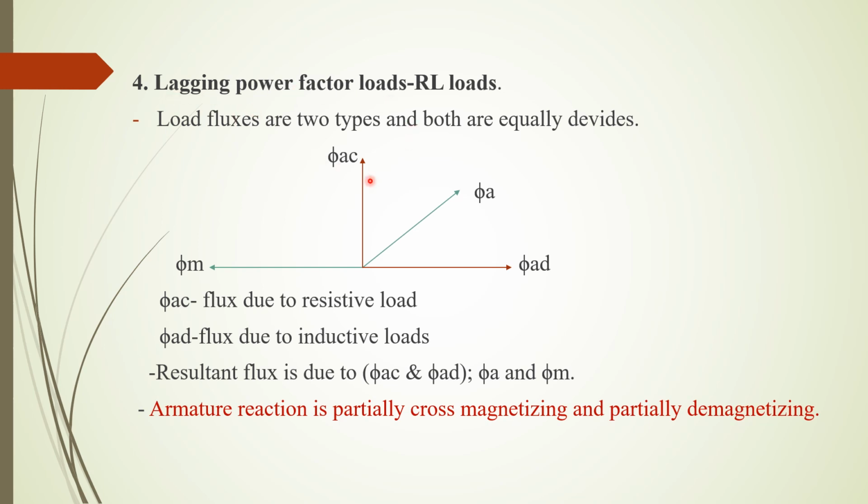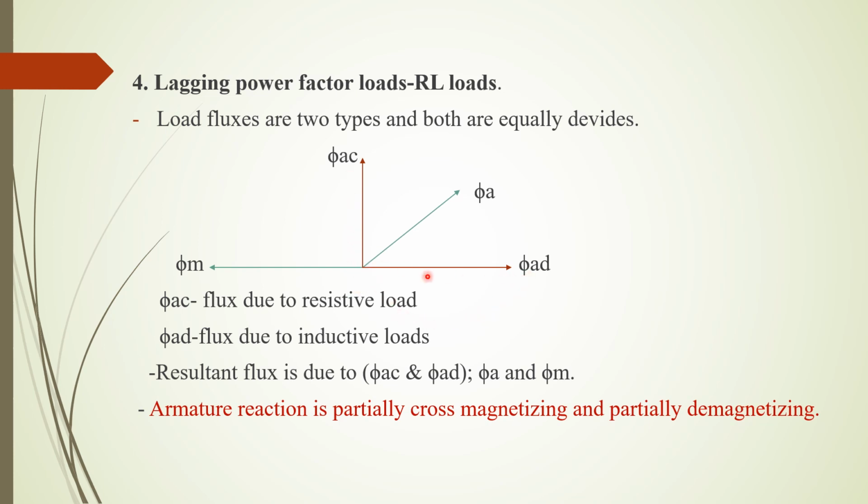Okay, here you can see this is the direction of the main magnetic field and this is the armature flux. Why? Because this armature flux will move from here to this region due to the influence of phi AC and phi AD.